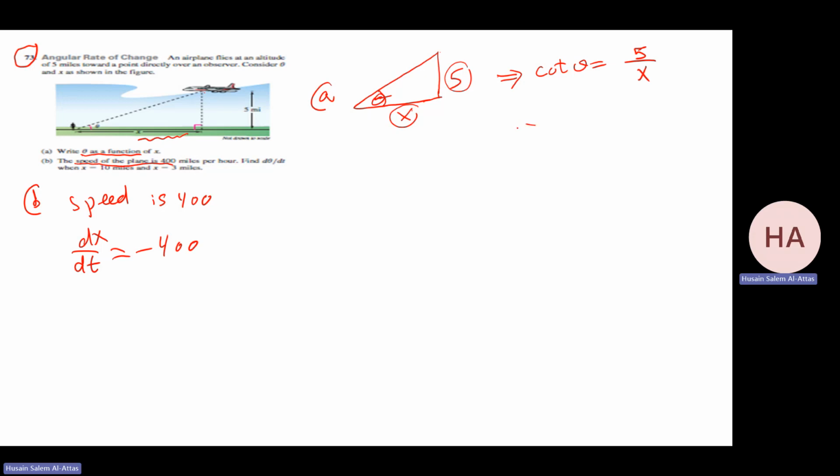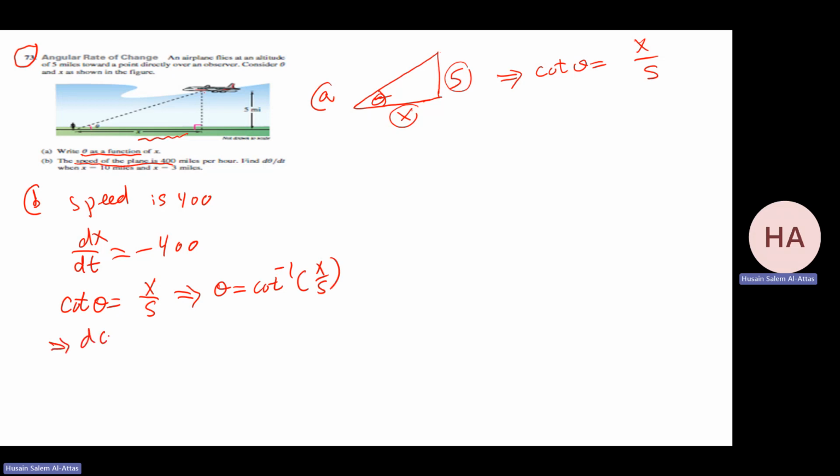Now differentiate. And they have cotan theta equal x over 5. That implies theta is cotan inverse of x over 5.